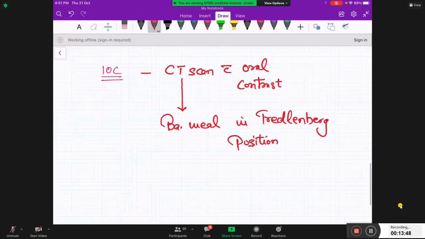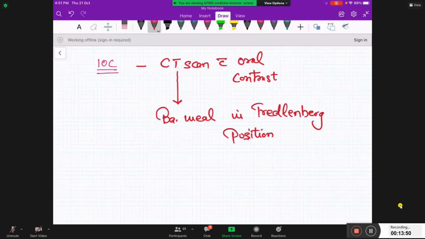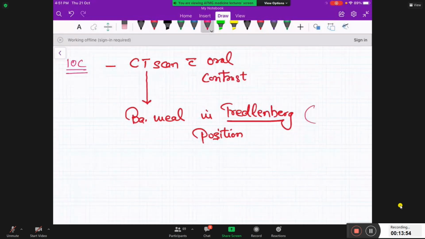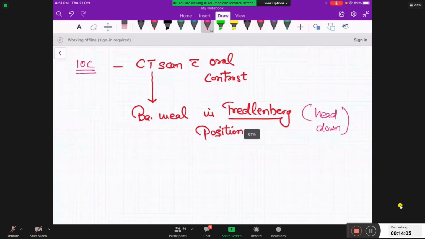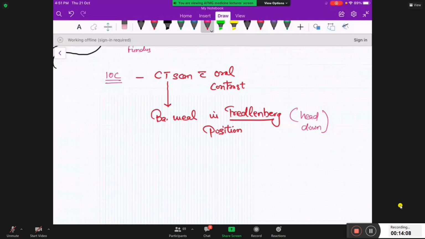Barium meal in Trendelenburg position. Trendelenburg position, you should know, is a head down position. So this will be the answer if CT scan with oral contrast is not in the choice.